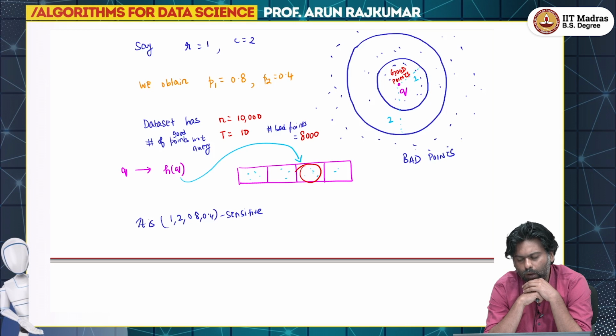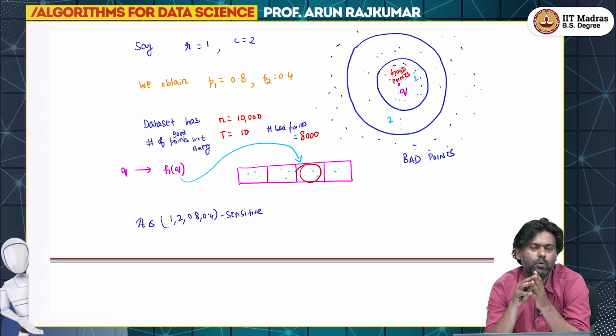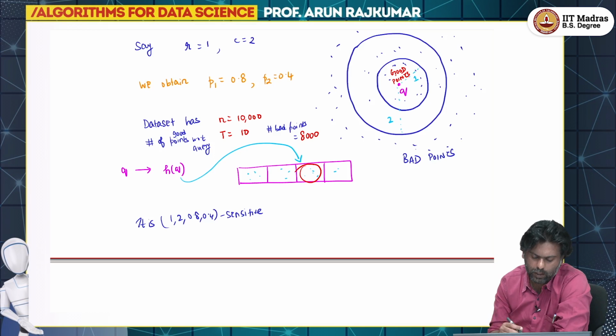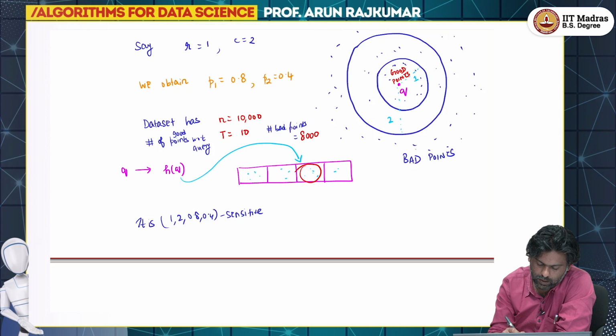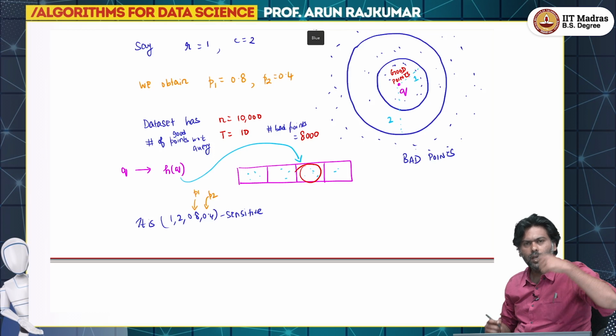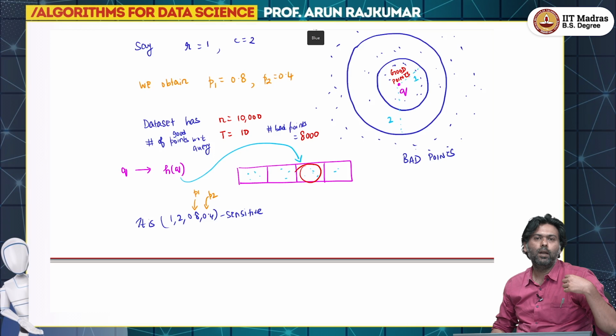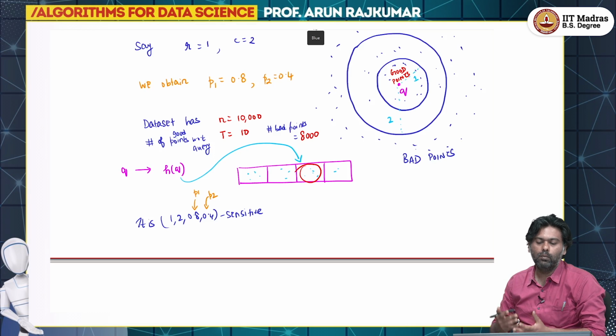Now how many good points do I expect to see in this bucket, and how many bad points do I expect to see in this bucket? Well, that's what P1 and P2 are telling us. This is P1, this is P2. On average, each of these points will collide with the query point with probability 0.8.